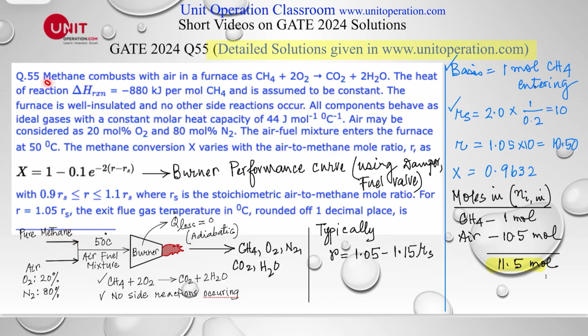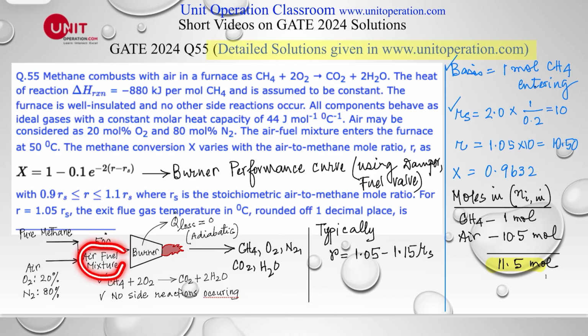So all gases means, see here, pure methane is entering and burns here, and here air is entering, and it is saying that oxygen is 20 mole percent, nitrogen 80 mole percent. This mixture enters the burner at 50 degrees Celsius, slightly preheated.